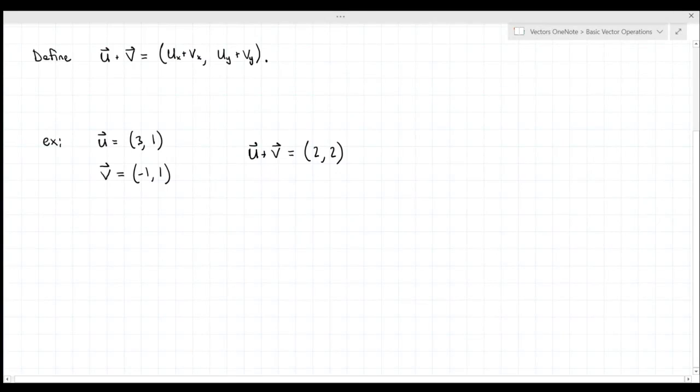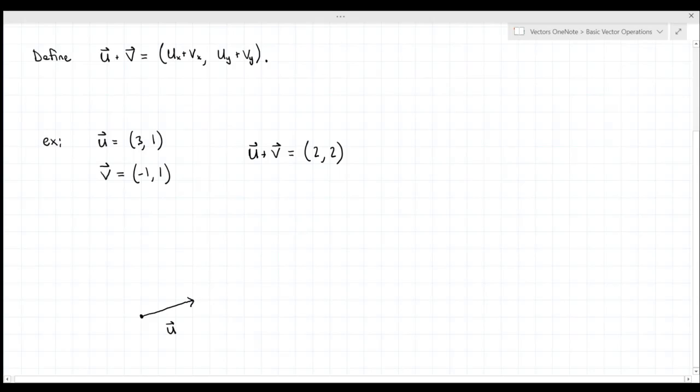Now it's good to see what vector addition looks like. So let me draw my vectors u and v right now. Okay, so here's u, and then v has an x component of negative 1 and a y component of 1.